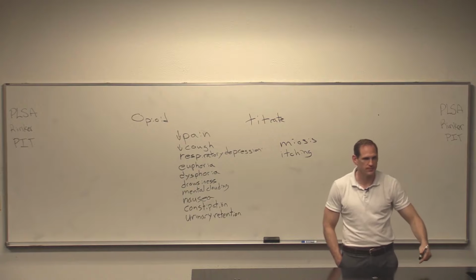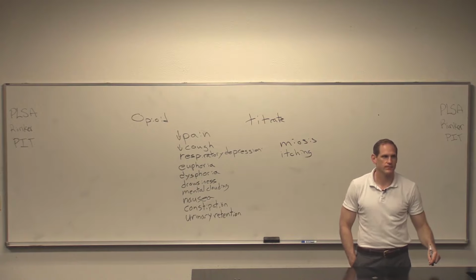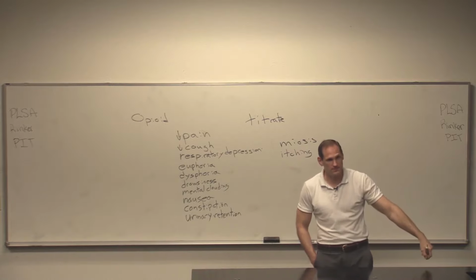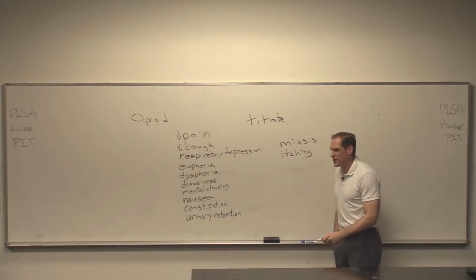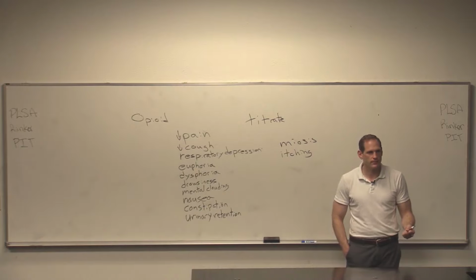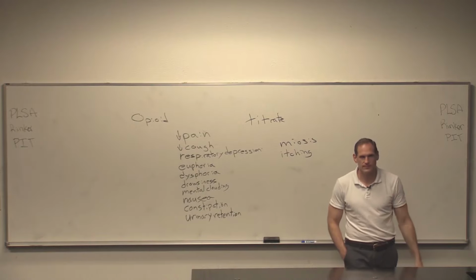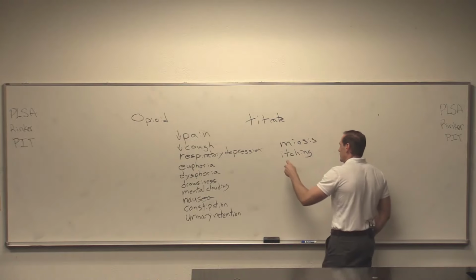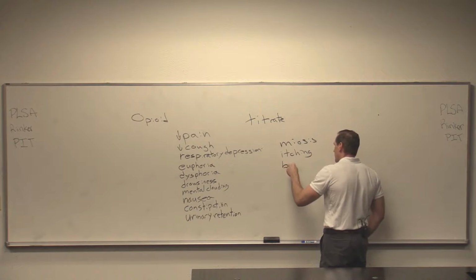How can you solve the itching? Give an antihistamine. What's the fancy word for itching, by the way? Pruritus. Okay. All right, and there's one more we need to talk about, which is biliary colic.